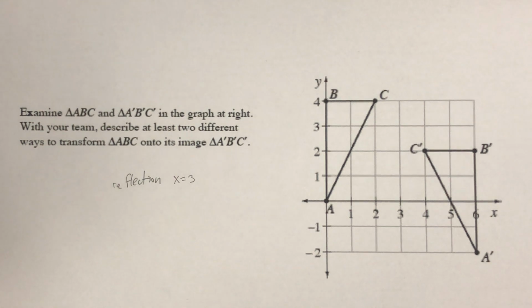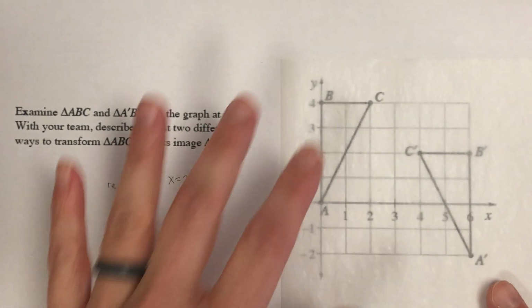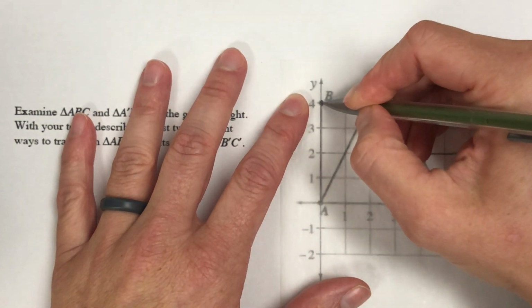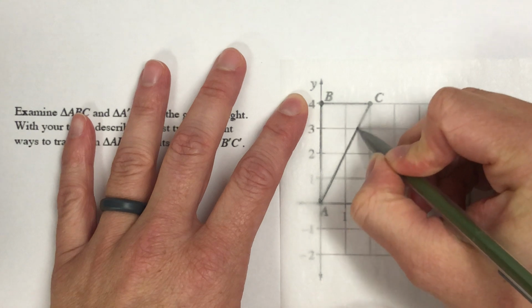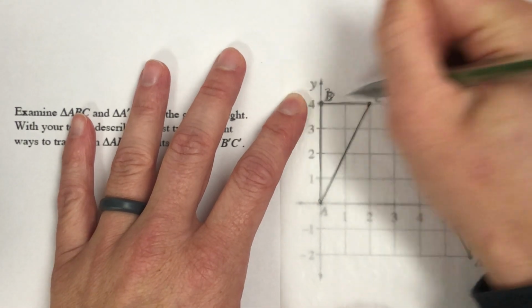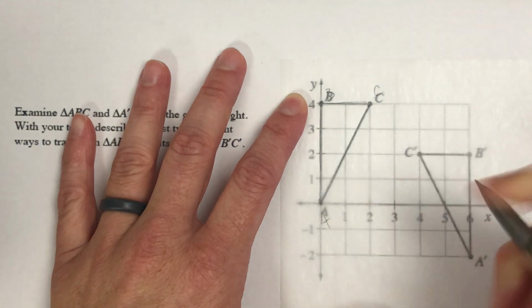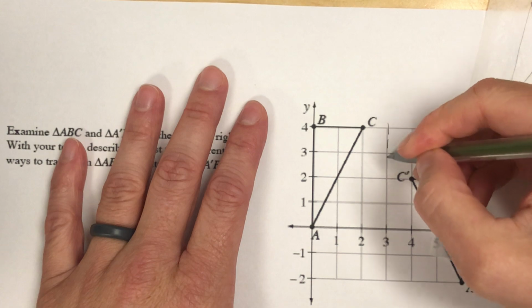So how can I check this out? I'm going to take my patty paper and create my triangle. And again, here's B, C, and A. And I'm going to reflect it over this line right here.